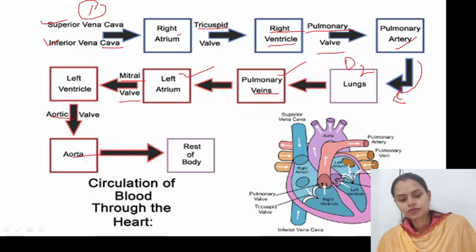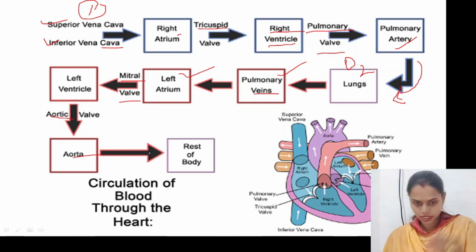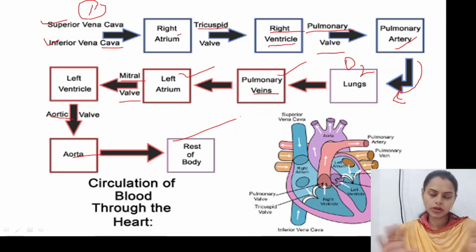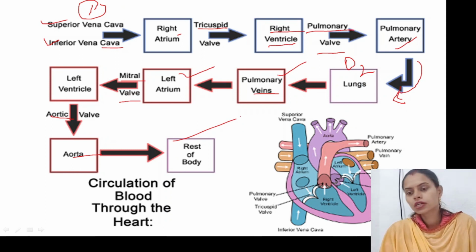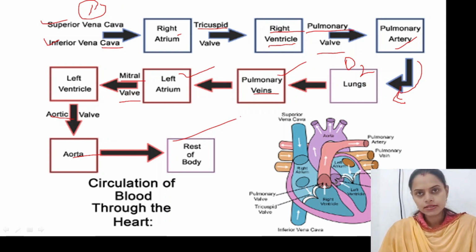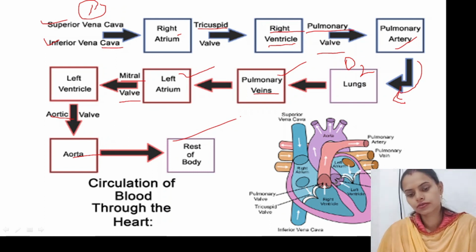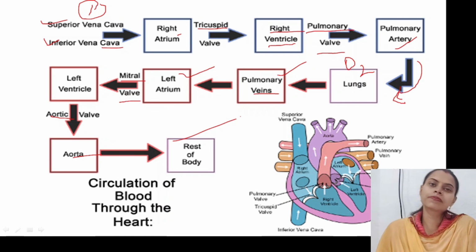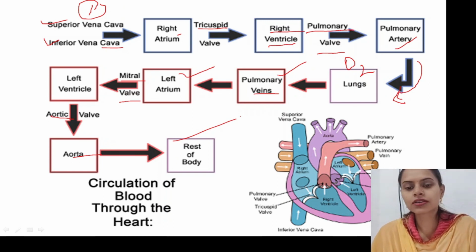From the aorta, this blood will be pumped throughout the rest of the body parts by means of different arteries and capillaries. So this was the blood circulation system in human beings.